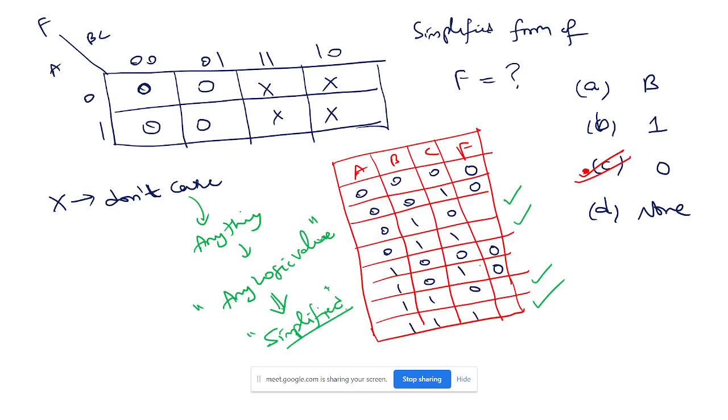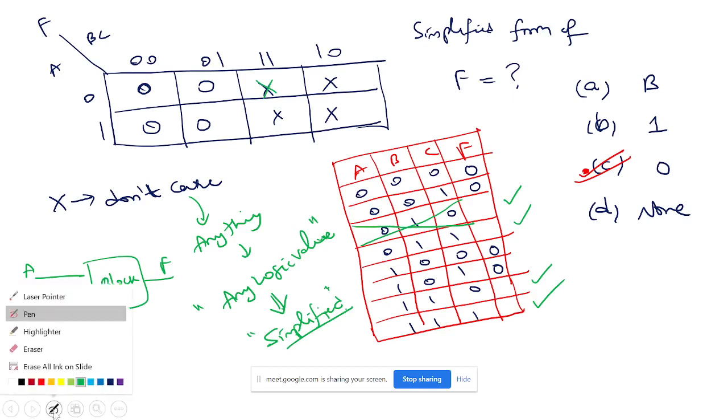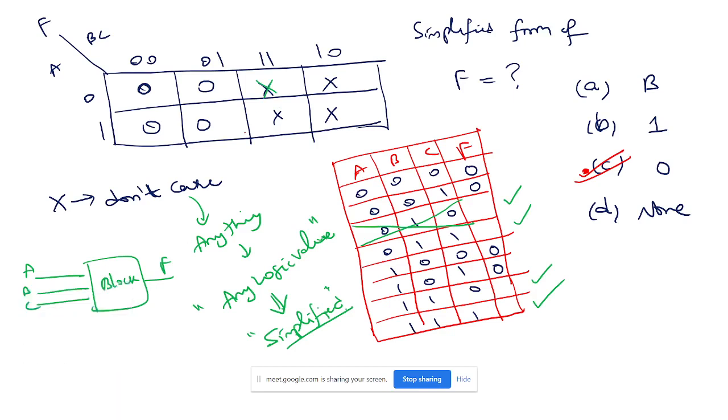What could be the reason is this input combination doesn't even occur at the input side. Let's say I have a block, okay? This block has A, B, C, F. Why this don't care is that ABC equal to 0 1 1 or 1 0 1, 1 1 1, 1 1 0 may not even occur at the input side.